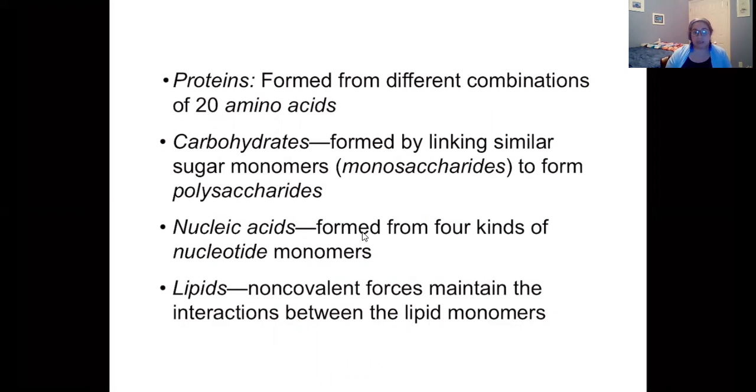You learned about proteins, which are made of amino acids, carbohydrates, which are made of monosaccharides, nucleic acids, which are made of nucleotides, and then lipids, which have no true monomer, but if we had to say monomer, we would say triglycerides. Although for lipids, there's no true monomer in the same way that we had with the other ones.